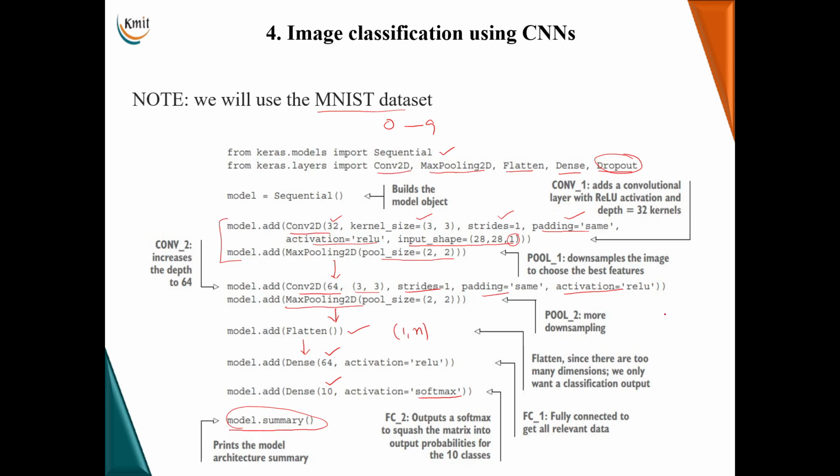So 28 by 28 by 1 will be converted to, as the padding is taken as same, there will be no change in the dimensions of the image. So I will have 28 by 28 by 32. Why? Because I am using 32 filters in my first convolutional layer.